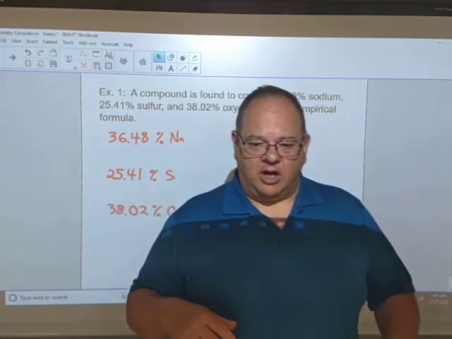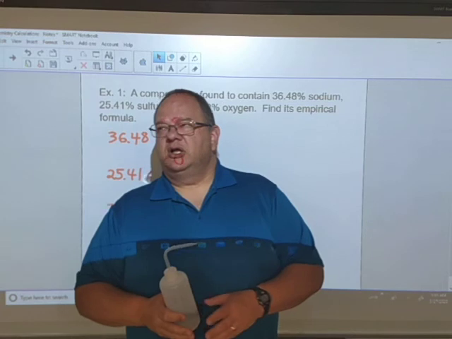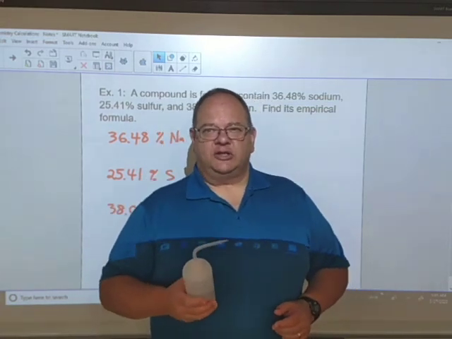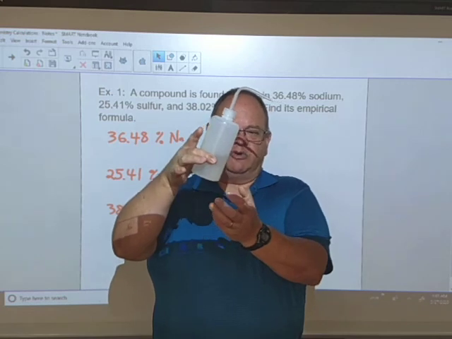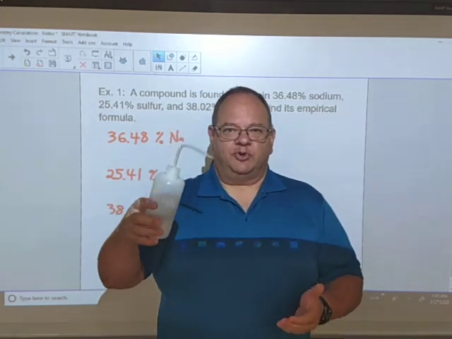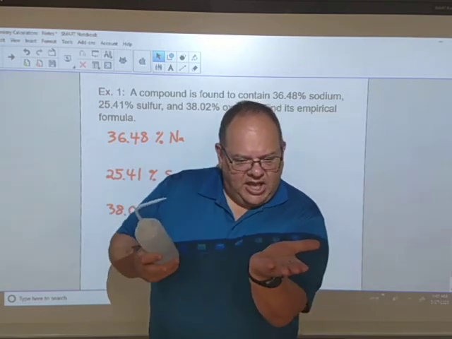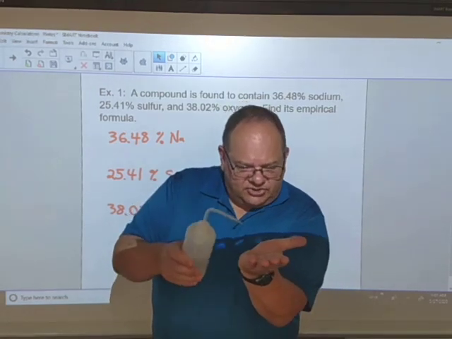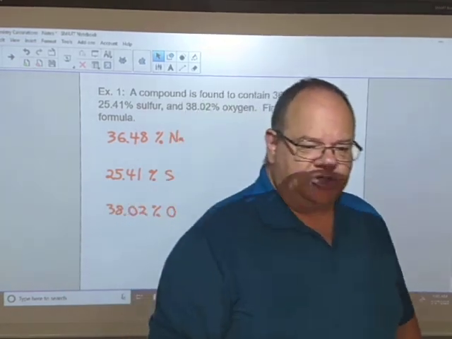We figured out water the other day was just over 11% hydrogen. So here's some sample of water. Of whatever this amount is, it's just over 11% hydrogen. That little bit I just dribbled in my hand is just over 11% hydrogen. It doesn't matter how much you have.